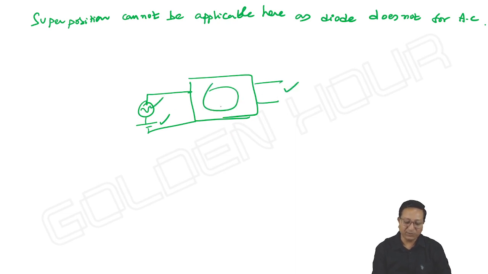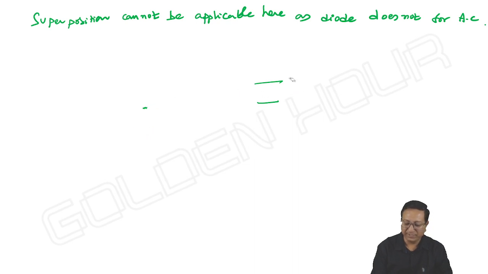Then use the second source by removing the first, calculate how the circuit responds, and take the overall response as the sum of the individual responses if the network is linear. But here the circuit you get with respect to DC is not the same circuit you get with respect to AC. Two different circuits appear, so definitely superposition is not applicable here.